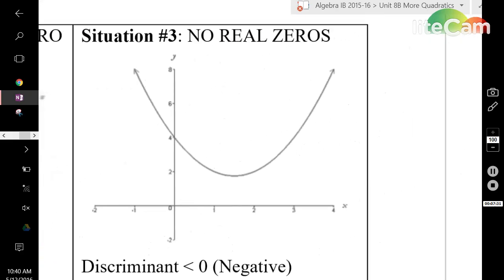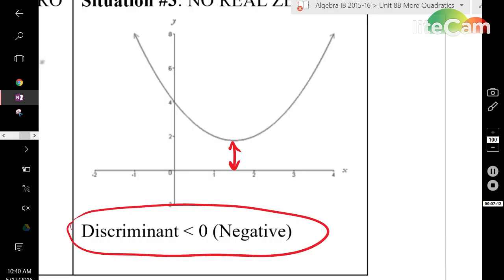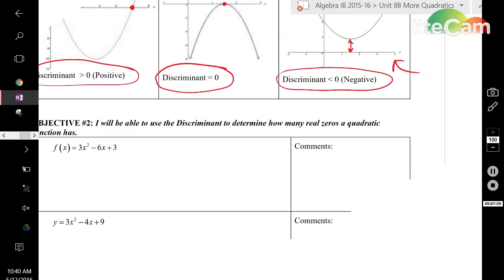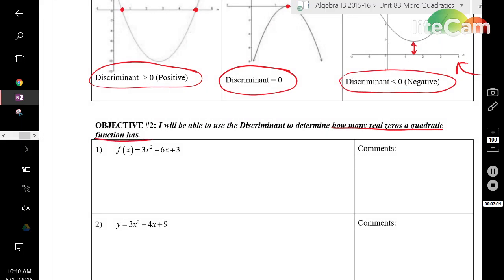The last situation is the one we just had with our quadratic formula example. That gap in between where there are no real zeros or no x-intercepts, that's when your discriminant is negative. We had that negative 8 for our discriminant, therefore there are no real zeros. That's what this picture is telling you right here. So if it just asks you how many real zeros a quadratic function has, you're just going to do the discriminant portion.